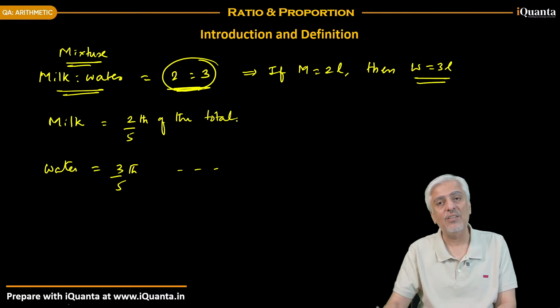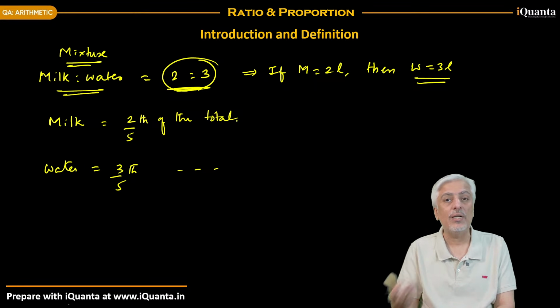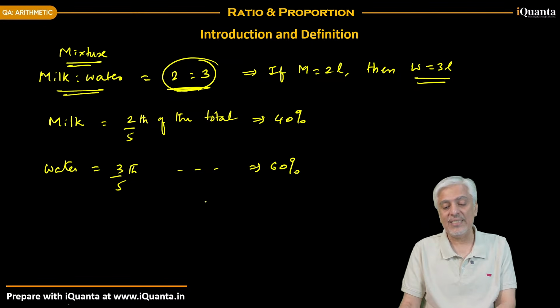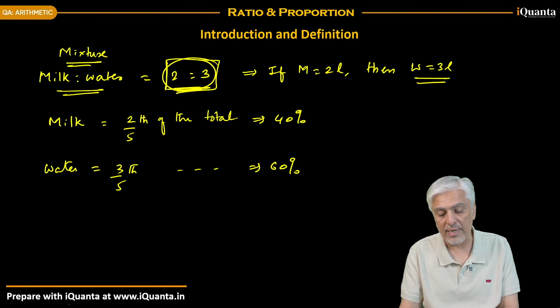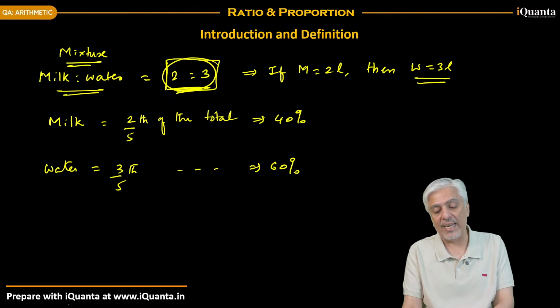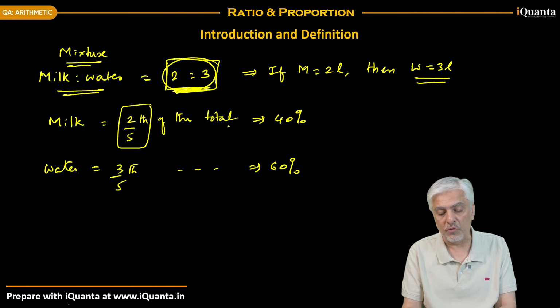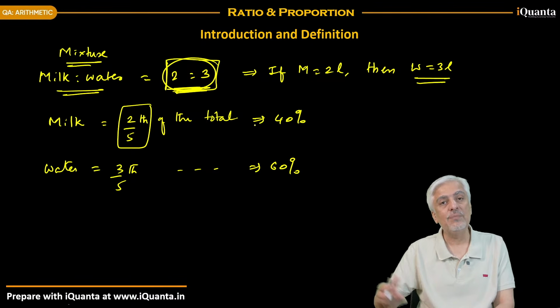If I convert to percentage, 2 by 5 into 100 becomes 40%, and this becomes automatically 60%. So understand the difference between a ratio and a fraction. When I write 2 ratio 3, I mean 2 parts of milk, 3 parts of water. When I write 2/5 of the total is milk, it means the same thing, right?